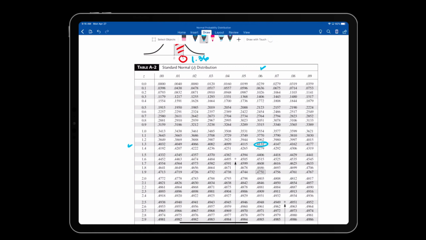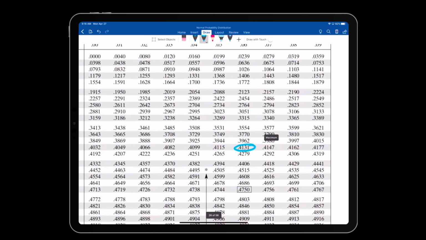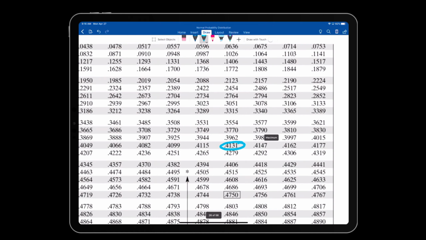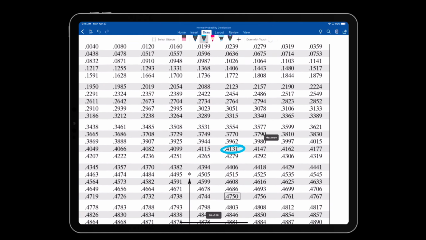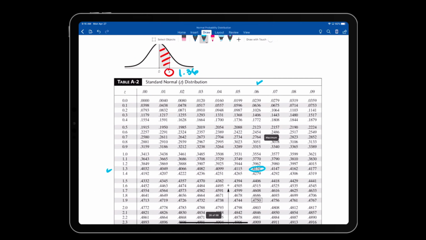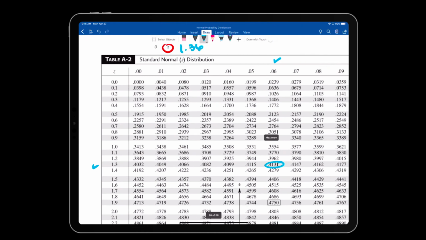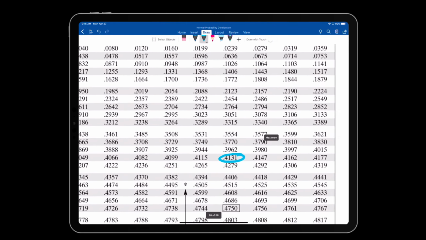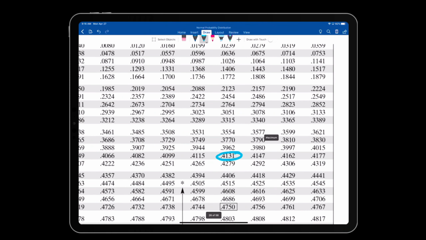We're going to find the value in the intersection. Take a look. 1.3 row, 0.06 column. What number do you guys see in the intersection of 1.3 row, 0.06 column? You guys should see what?